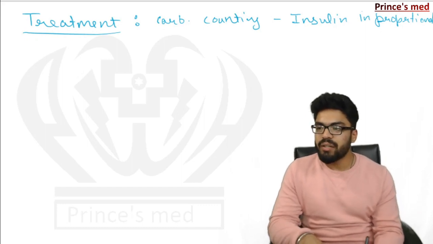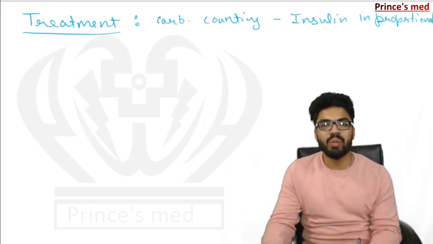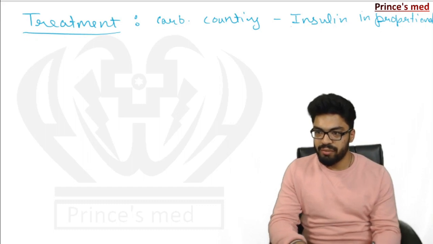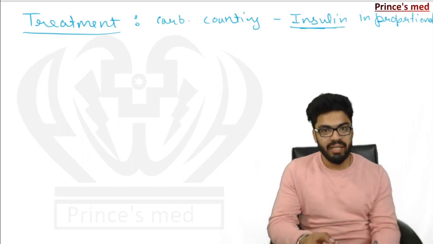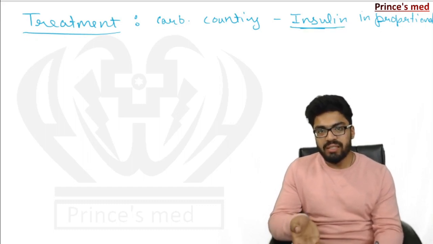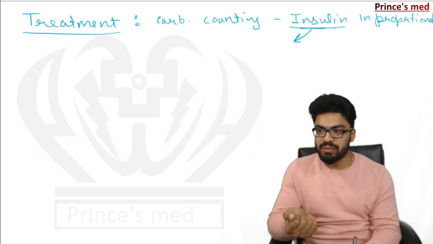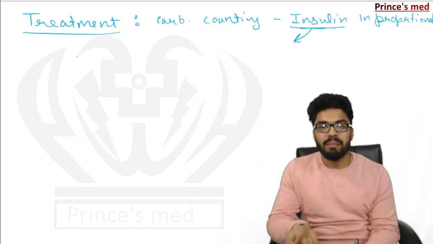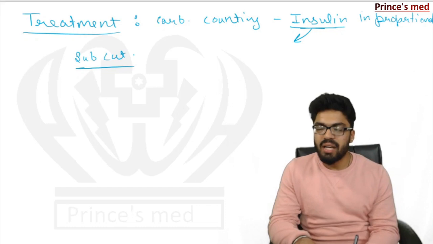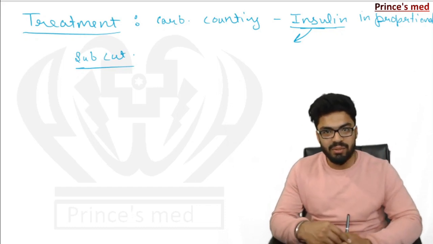Okay, then we will do insulin supplementation, which is if we are giving insulin, how we can supply insulin in the person. Most common route is subcutaneous. Okay, and how we can give subcutaneously insulin?